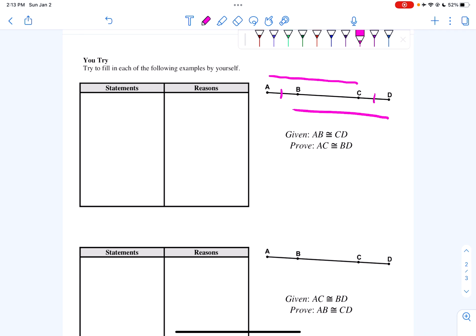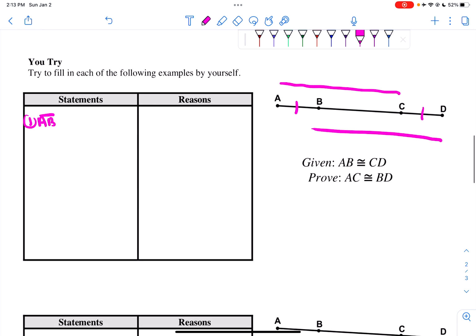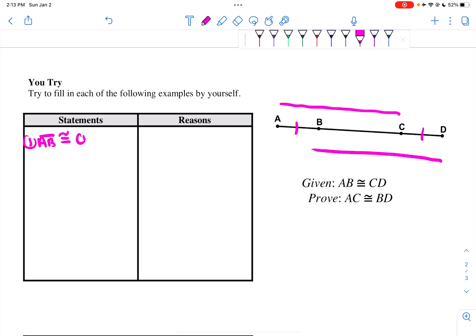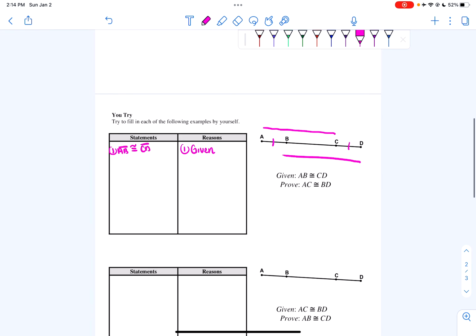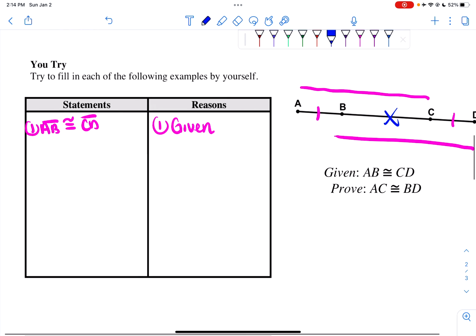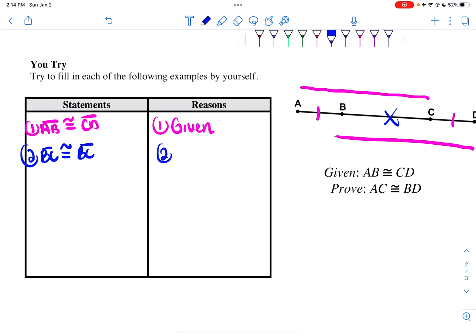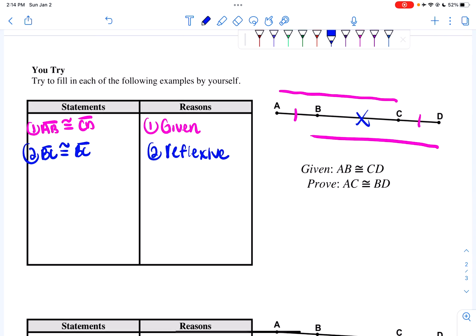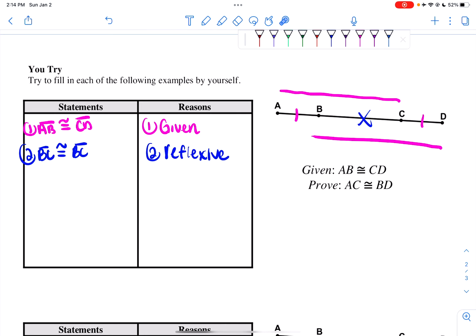So the first thing I'm going to do is write down my given, AB congruent to CD, and my reason is given. Now I see that there's overlap at BC, so I say BC congruent to BC, reflexive. And now I can do my addition, where I add my two parts to get my whole segments.